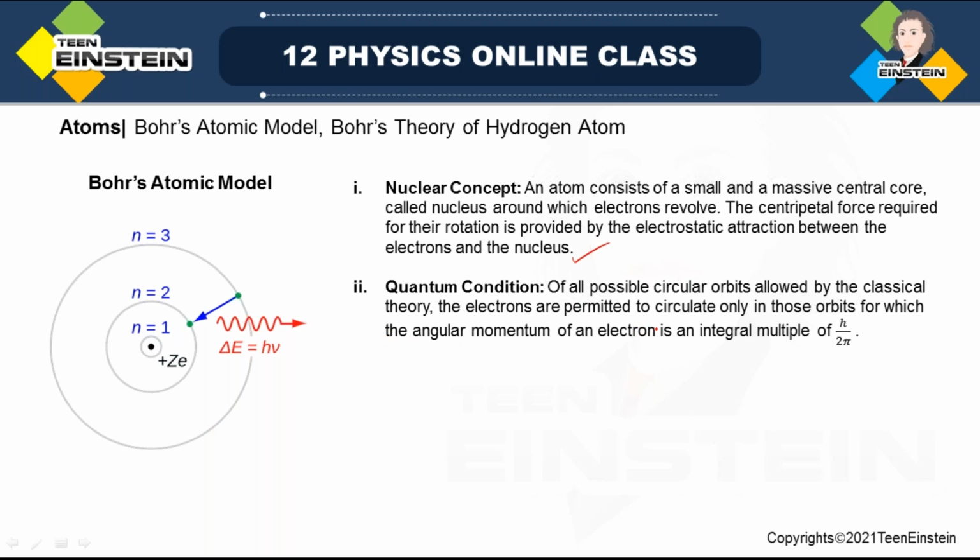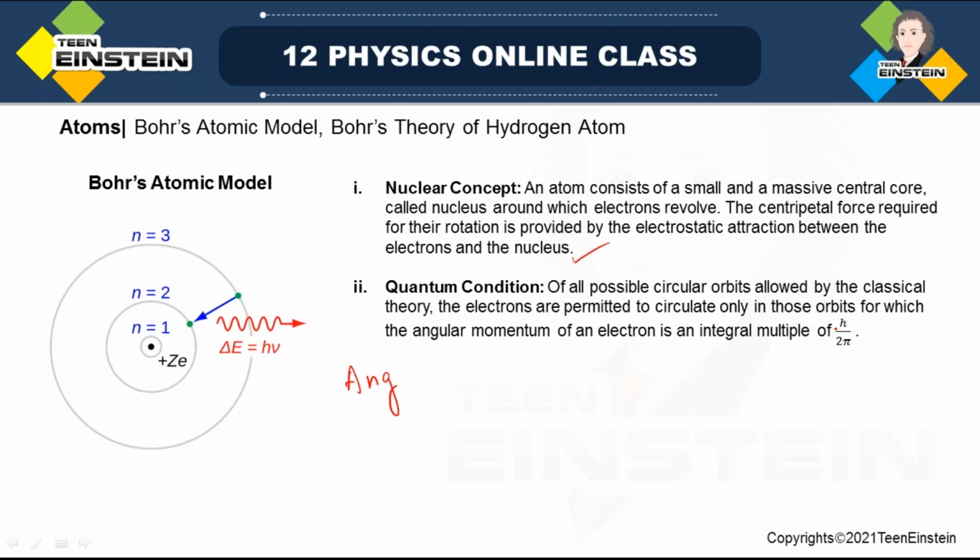Now Bohr came up with quantum theory, and the condition for a stable orbit will be given by this condition. The electrons are permitted to circulate only in those orbits for which the angular momentum of an electron is an integral multiple of h by 2 pi. So what is angular momentum? We know angular momentum.